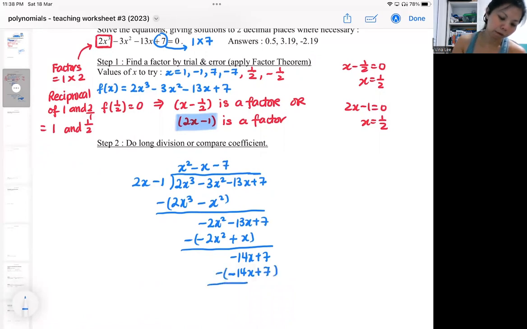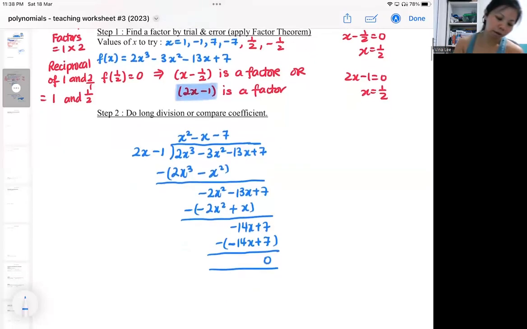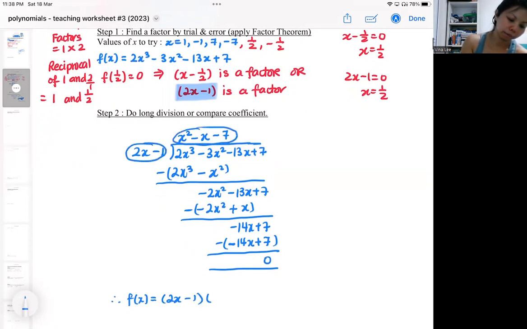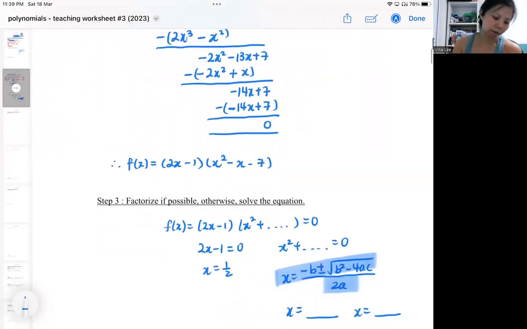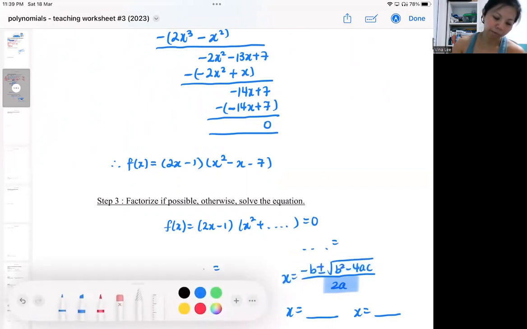At the end of your long division, you should get a remainder 0. So from here, your f(x) is completed: you factorize out your f(x) into this bracket and the quotient. Then you can go for the next step of solving.